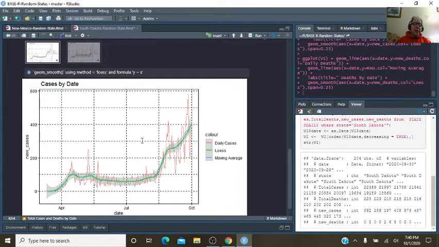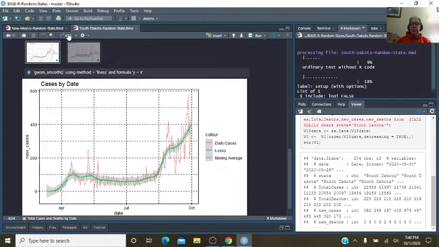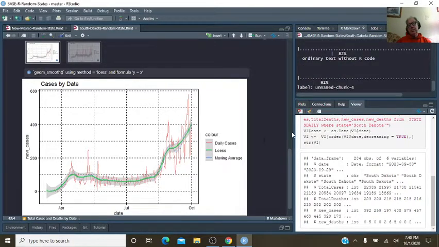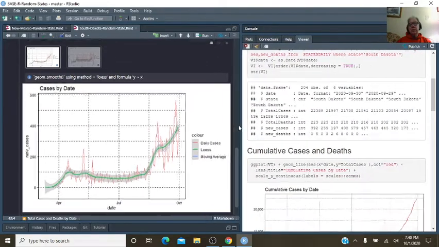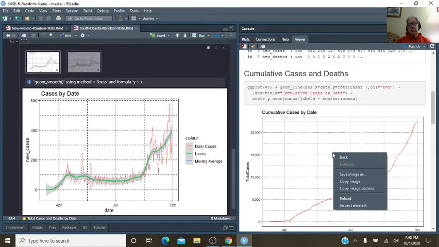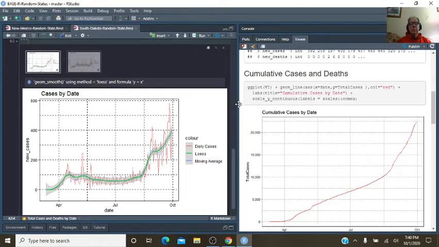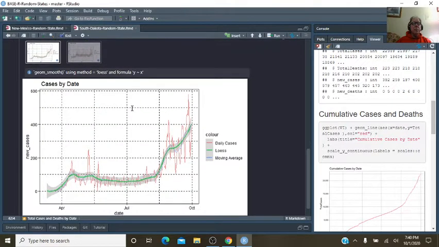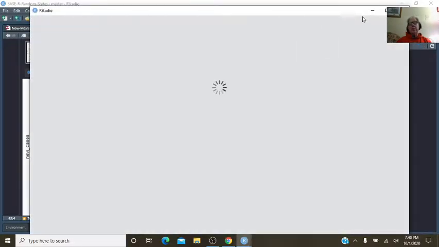Okay, cases spiked up currently to as high as I don't know, 550 or so. Let's run this here and see what happens again. That doesn't really do any good there. So let's just change that. There we go.